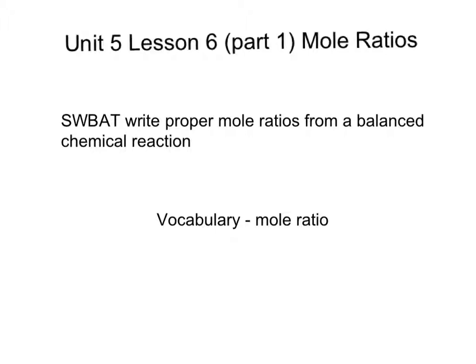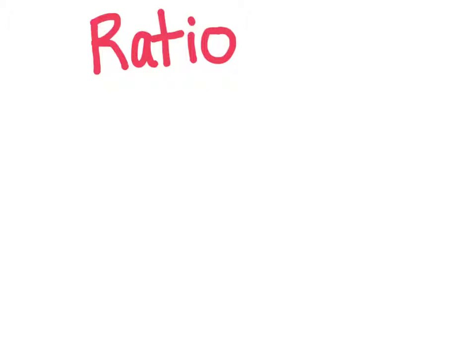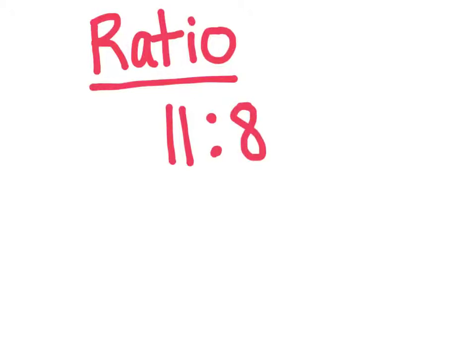So before we talk about mole ratios, I just want to talk about the word ratio, which I'm sure you've heard before. If I were to talk about, let's say, the ratio of guys to girls in a classroom, I might say that the ratio is 11 to 8 guys to girls. I think that's how you're used to seeing ratios, with the colon there, but we're actually going to change it.